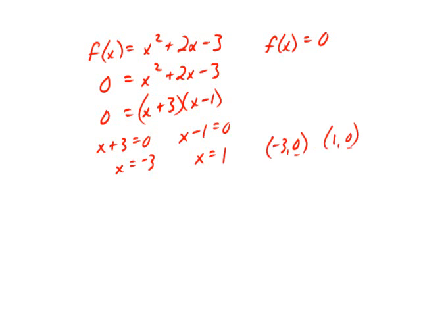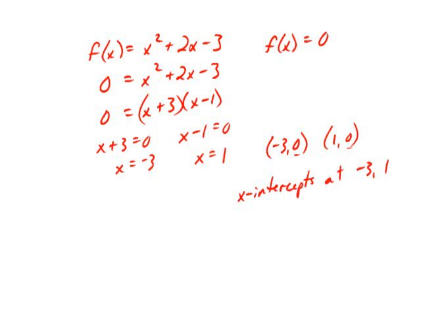Because the y value is 0, these points are on the x-axis, which tells us that we have x-intercepts at -3 and at 1.